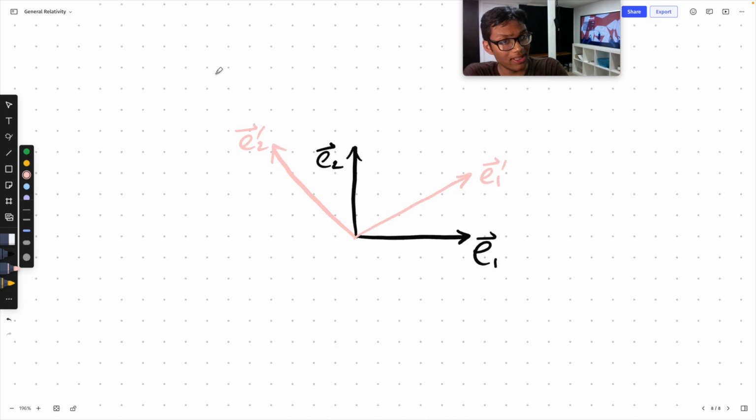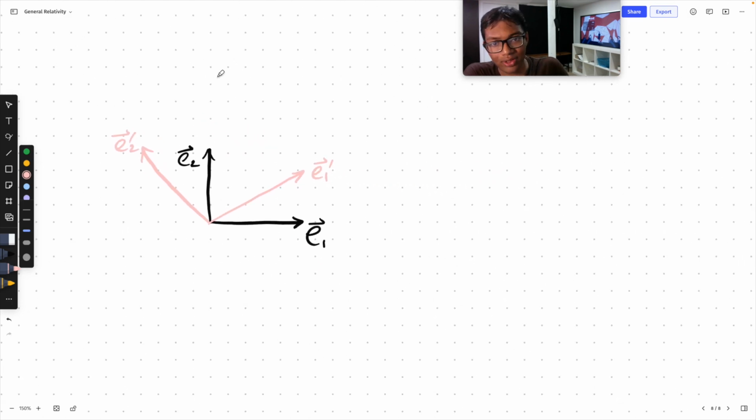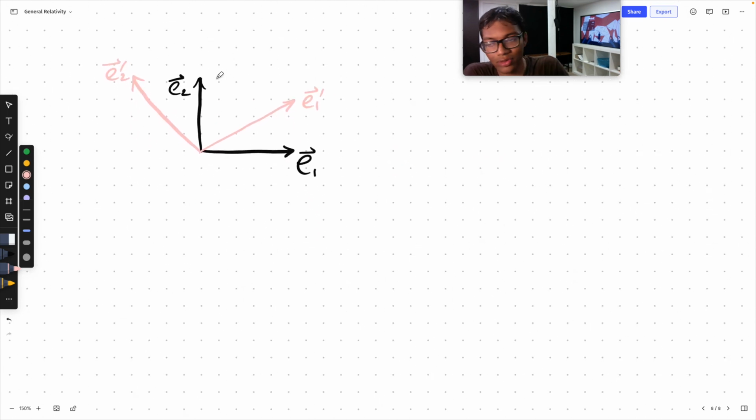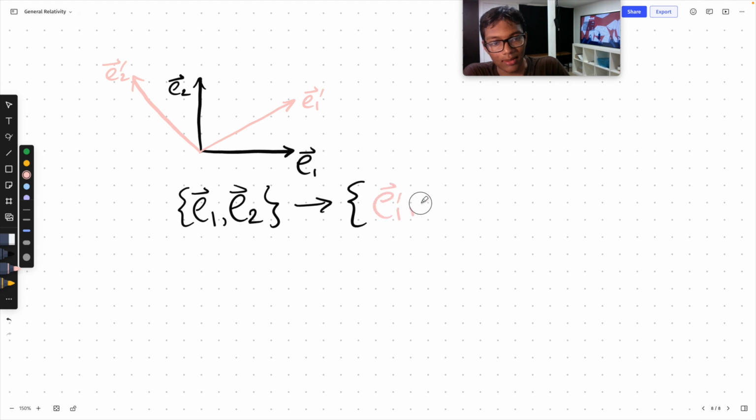The question is, how do I translate between these two basis vectors, between these two coordinate frames? In other words, how do I go from E1 and E2 to E1 prime and E2 prime? What is the dictionary that will take us between these two sets of basis vectors?